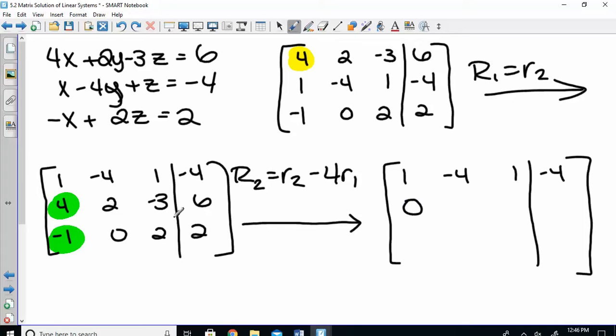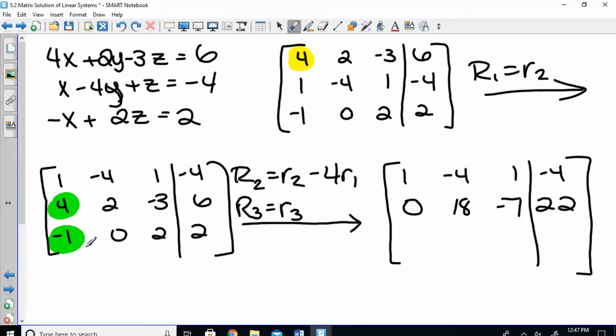So if I went ahead and did that, 4 minus 4, 0. 2 minus negative 16, so 2 plus 16, I mean 18. Negative 3 minus 4 is negative 7. 6 plus 16 is 22.